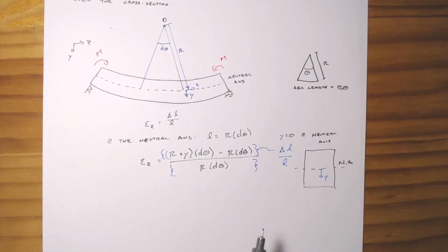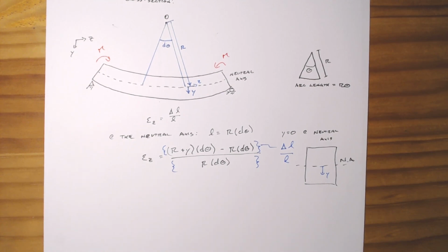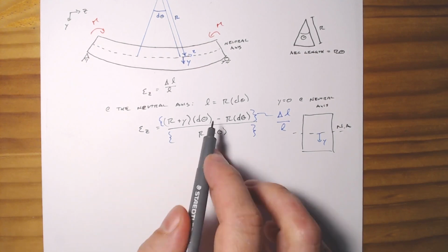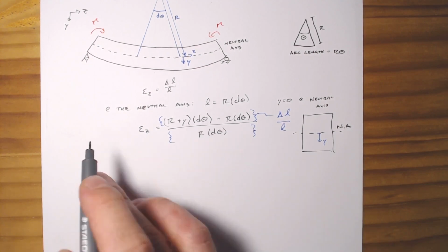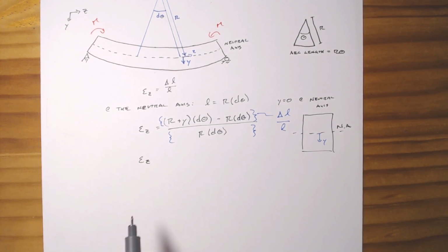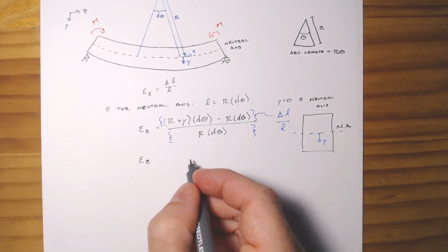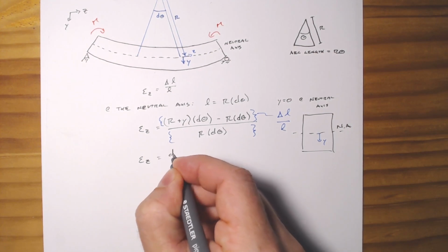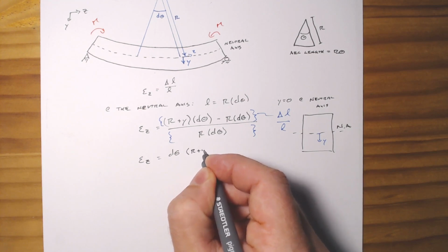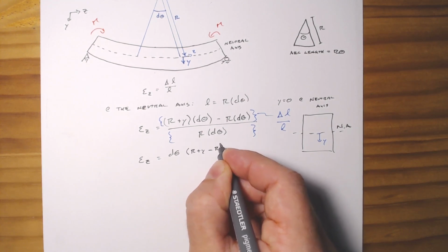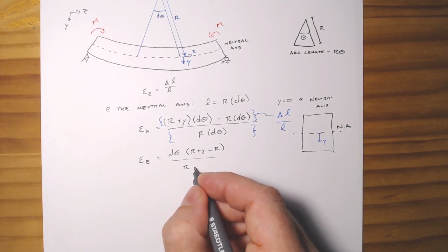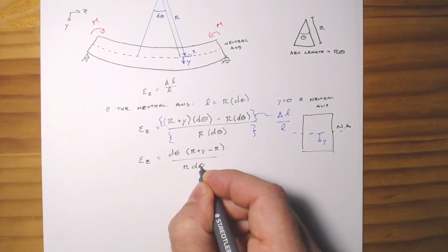So if we do a little bit of solving and simplifying of this equation, effectively what we can do is factor out the d theta, and then we would have equals d theta, (r plus y minus r) over r, d theta.